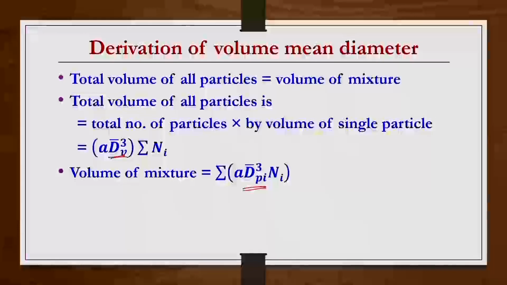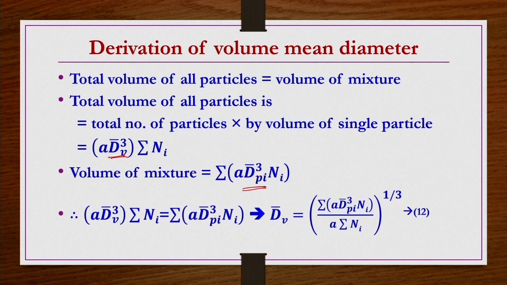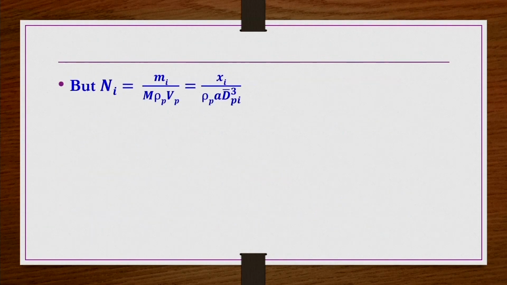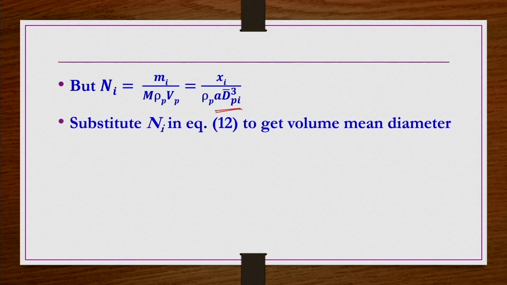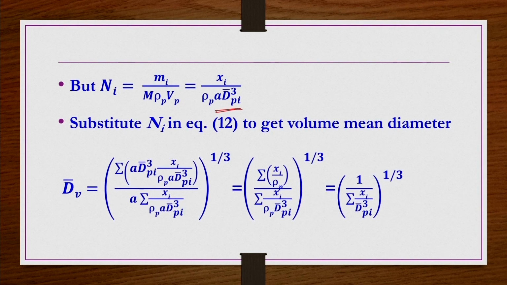When you equate these two, you will get d̄_V like this. Here you substitute N_i = x_i / (ρ_p V_p), where ρ_p is as it is, and V_p for a given ith screen increment is A d̄_pi³. You substitute that into the above equation wherever there is N_i, and also in ΣN_i, and then simplify.